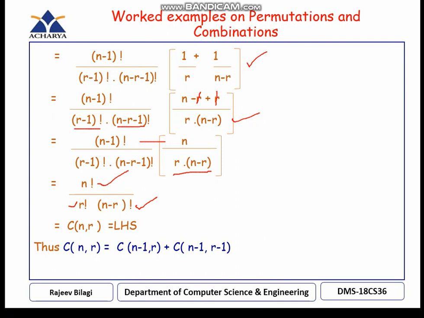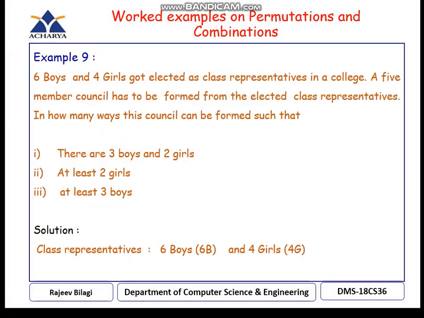So this is the formula for C of n, r, that is nCr. So C(n, r) is equal to C(n minus 1, r) plus C(n minus 1, r minus 1). Hence it is proved.